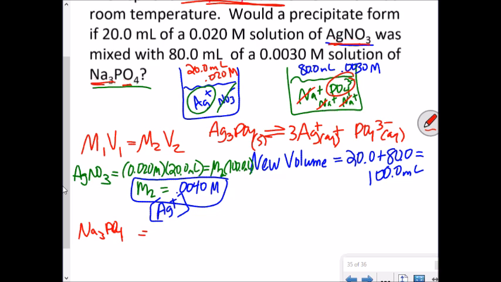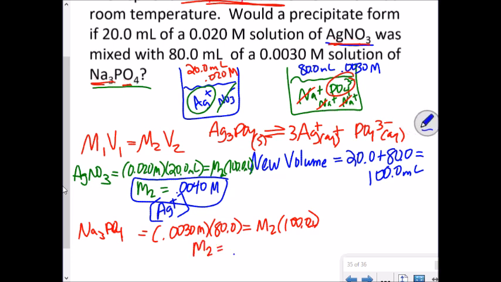So we have 0.0030 times the 80 equals M2 times 100. And what is our molarity for that? 0.0024 M, and this is basically the concentration of our phosphate.